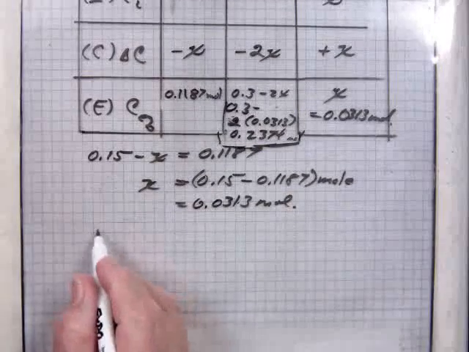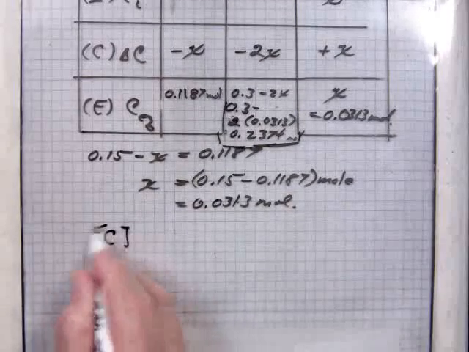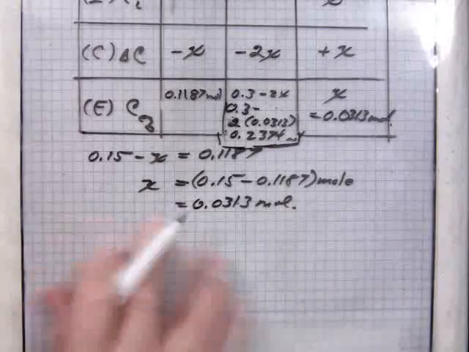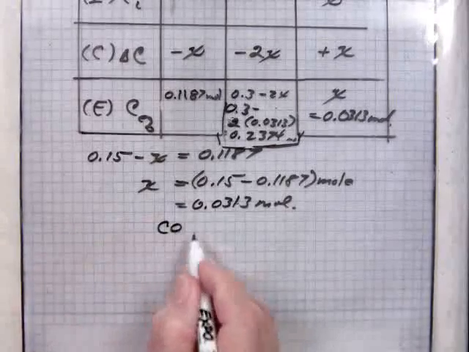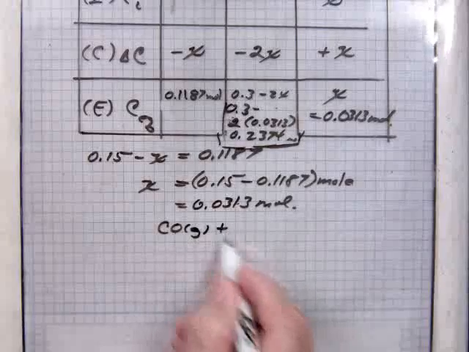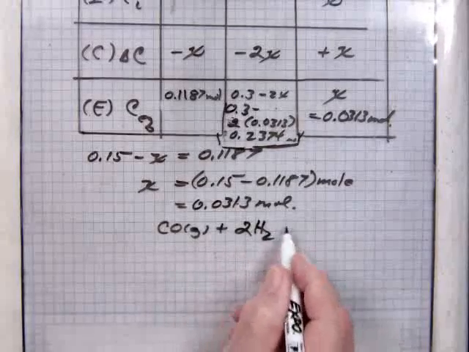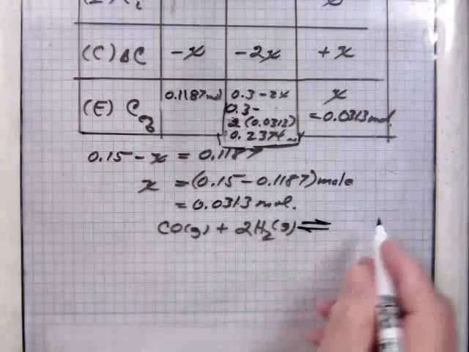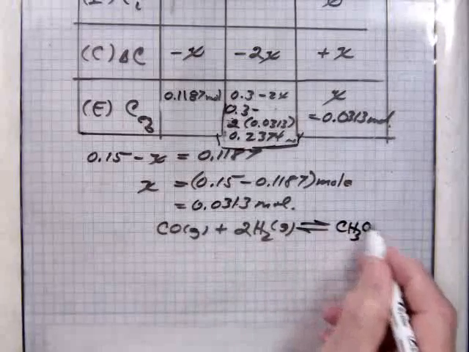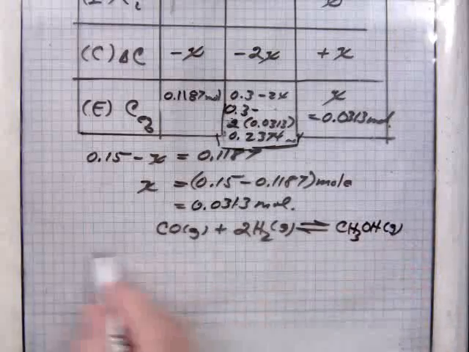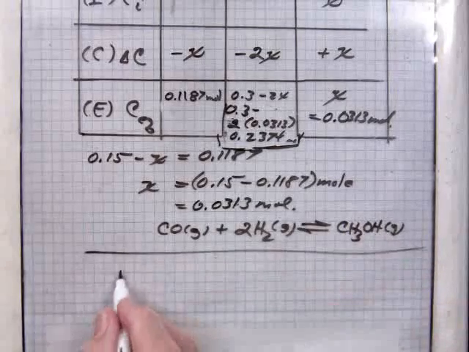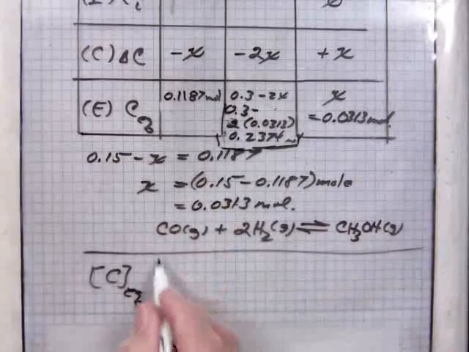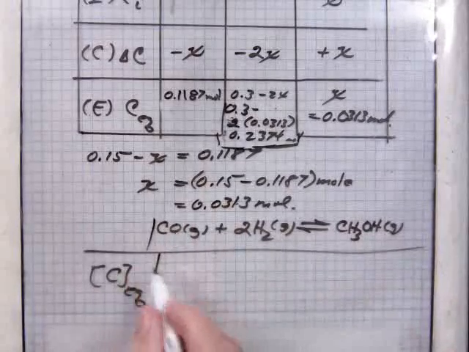So I'm going to come down here, put brackets on this, and write the equation: CO gas plus 2H2 gas in equilibrium with CH3OH as a gas. We'll come over here and put molar concentrations at equilibrium. And it's very important that you're able to do this.